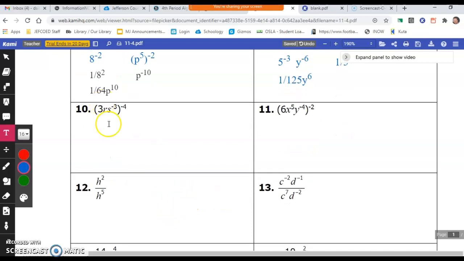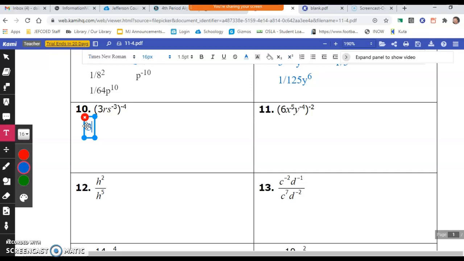Yeah. All right. Let's look at number 10. Everything inside of there is raised to a negative exponent. Okay? So we have 3 raised to the negative 4. We have r raised to the negative 4.